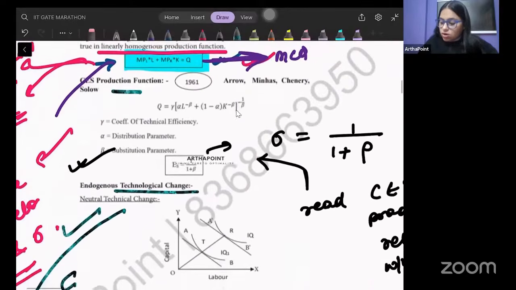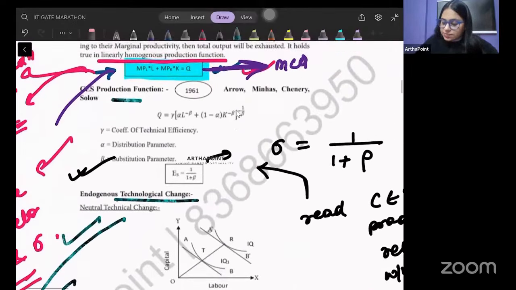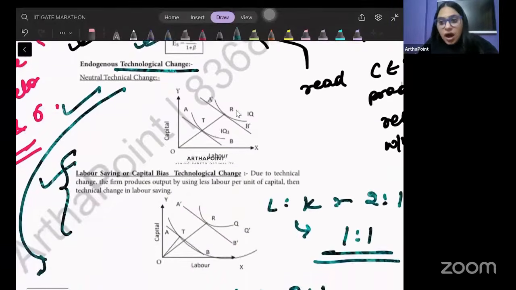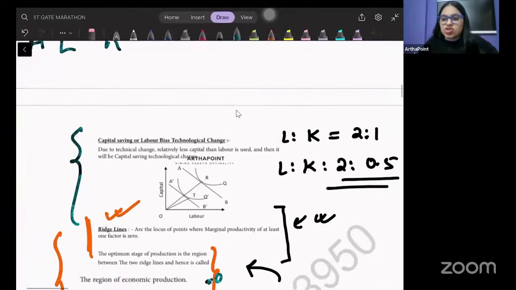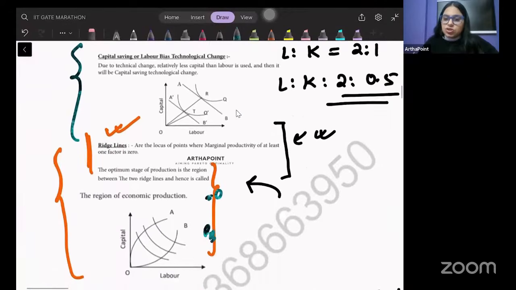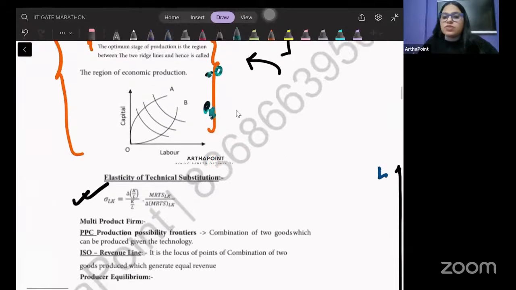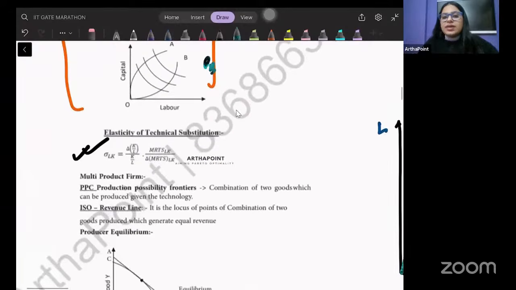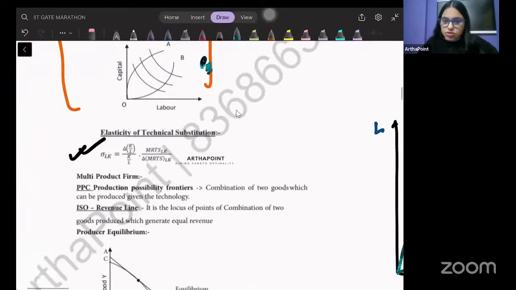Now, coming back to this point, when I talk about this elasticity of substitution, it tells me how the MRTS changes as this ratio changes. That is what is told by the elasticity of technical substitution. And this is another formula of this.